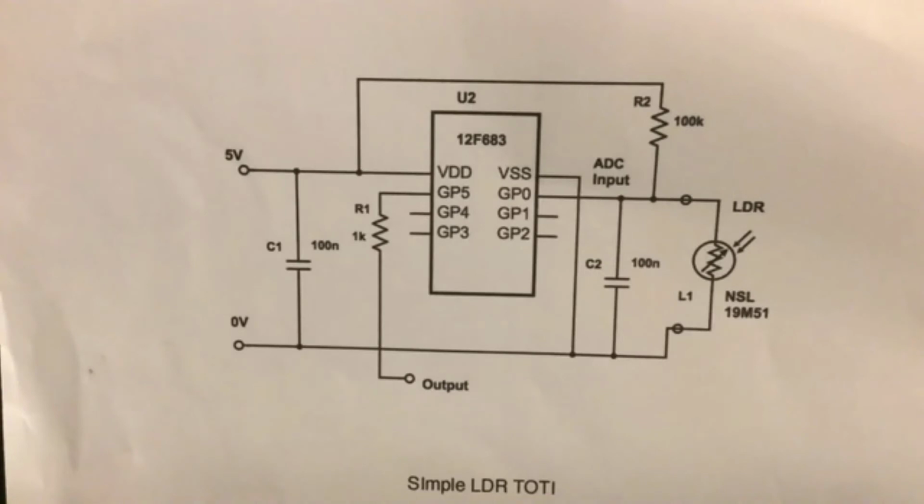But the problem, of course, is that you don't know the value of the LDR resistance, and it can vary by a factor of 4, and you certainly don't know what the ambient light is. Most people overcome this with a potentiometer, or quite cleverly a reference LDR is used, which measures the ambient light all the time.